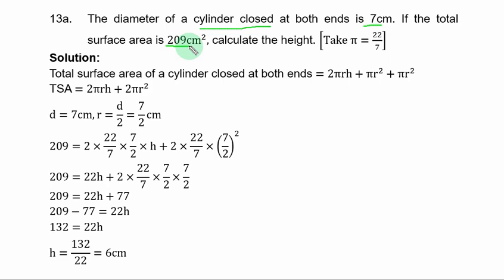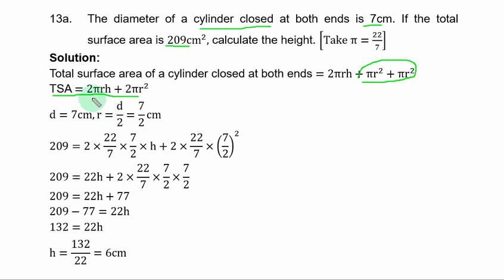Total surface area of a cylinder closed at both ends is equal to 2 pi r h, that is the curved surface area, plus the area of the two closed ends, which are circular in nature. So you have TSA is equal to 2 pi r h plus 2 pi r squared.